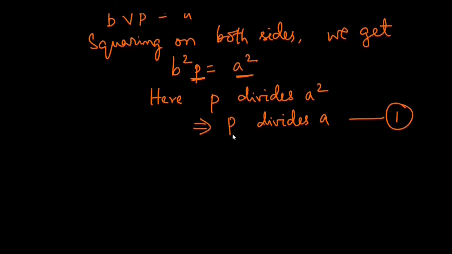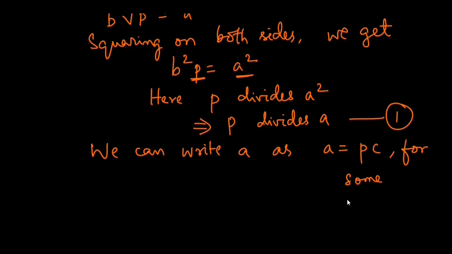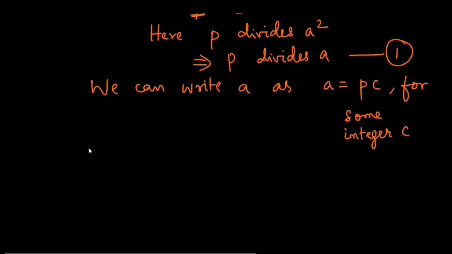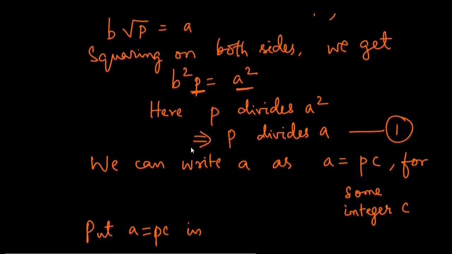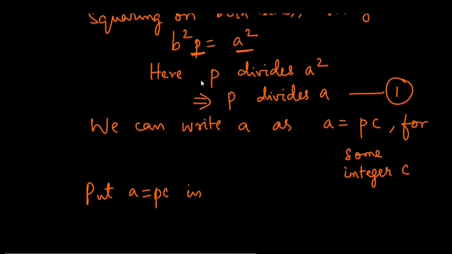Now when p divides a, we can write a as a is equal to pc for some integer c. Then put a is equal to pc in b square p is equal to a square.